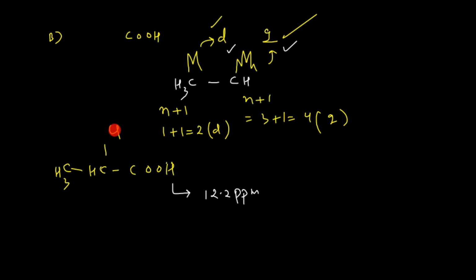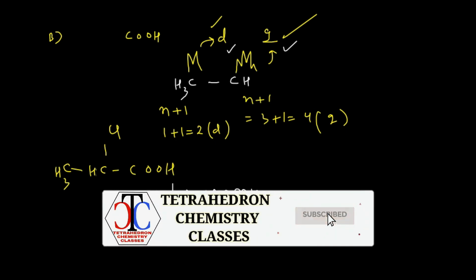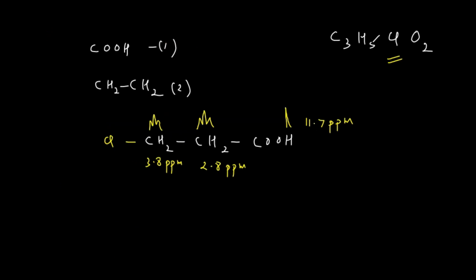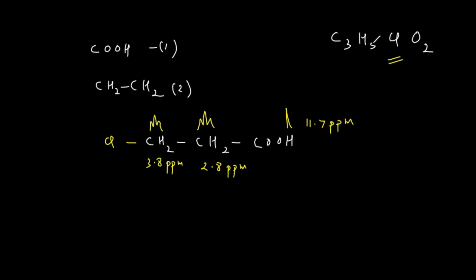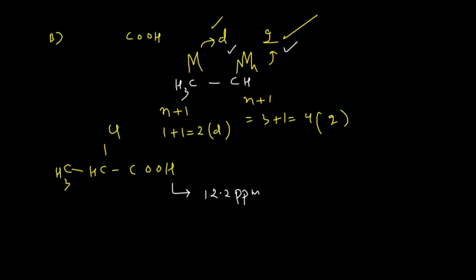So this chlorine will also de-shield this particular hydrogen, and due to the de-shielding, it will appear a little more downfield at 12.2 ppm, while in the earlier case, the chlorine is far away from this particular hydrogen, so the de-shielding effect is low. That's why it was appearing at 11.7 ppm. But in this present problem, the chlorine is on the second carbon. It de-shields this hydrogen, so that's why it will appear at 12.2 ppm.